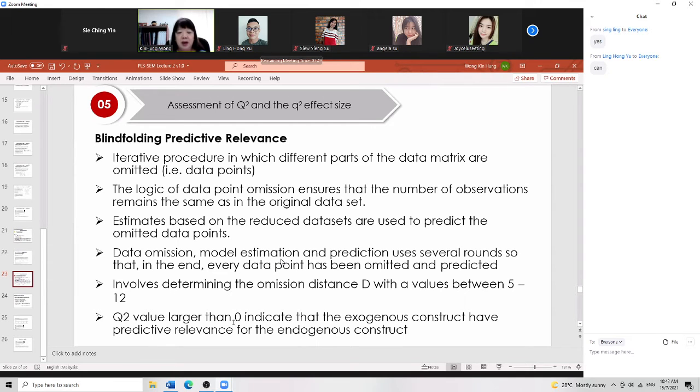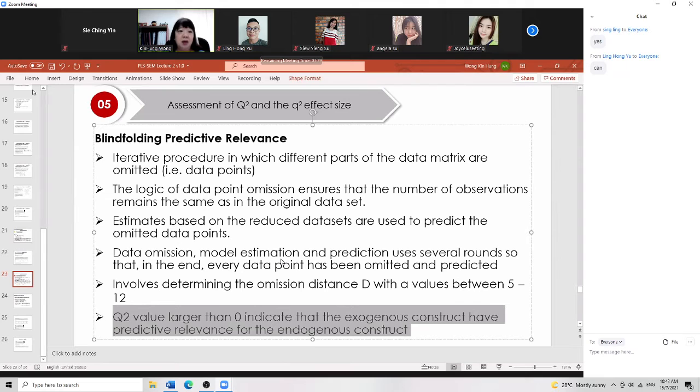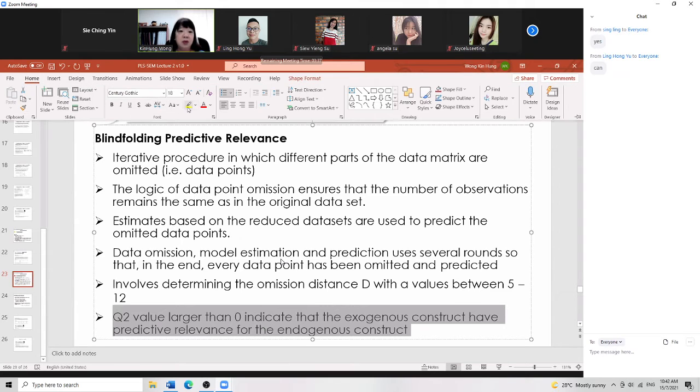So a Q2 value larger than 0 indicates that the exogenous construct has predictive relevance for the endogenous construct. So this is what you need to know if you do this blindfolding. The Q2 value must be larger than 0.